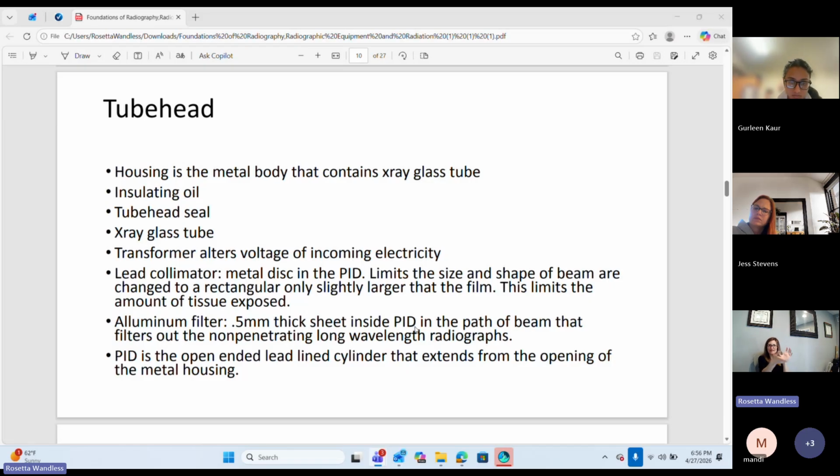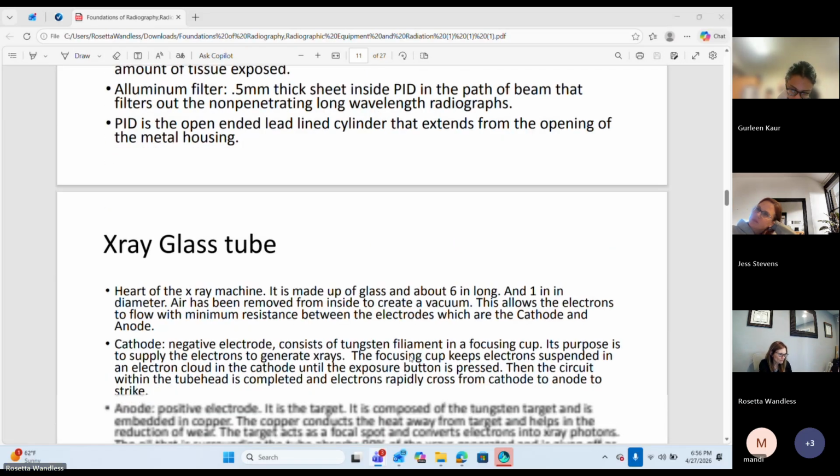We put that PID in the direction of where we want to hit. That's like our focal point, our focus there. Awesome. Any questions with this part of the tube head, the intraoral or extraoral machine? Again, all of these parts are in the same type of X-ray machine.